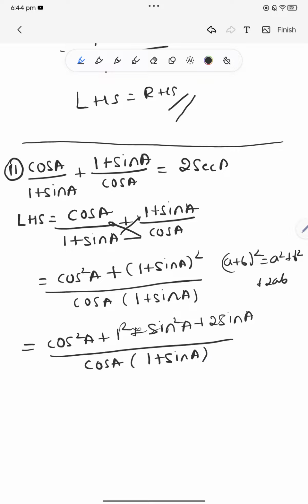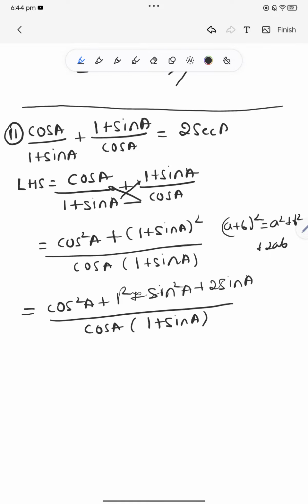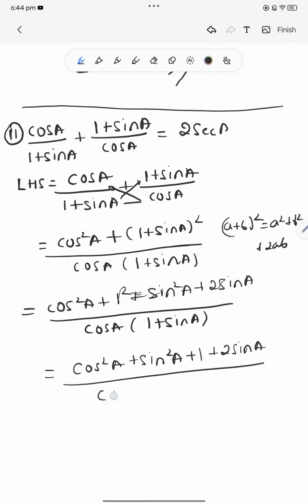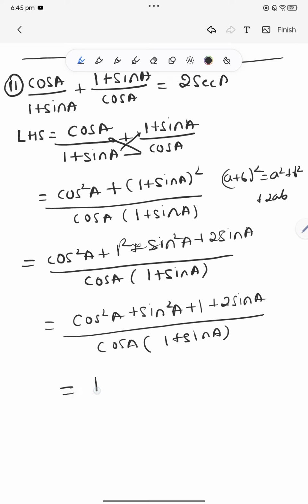So here cos square A plus sin square A is equal to what? That is 1. So cos square A plus sin square A plus 1 plus 2 sin A, all divided by cos A into (1 plus sin A). Now cos square A plus sin square A is equal to 1, so 1 plus 1 plus 2 sin A, divided by cos A into (1 plus sin A).